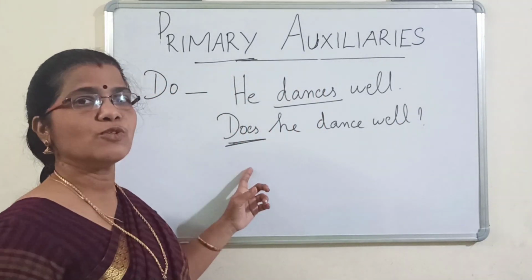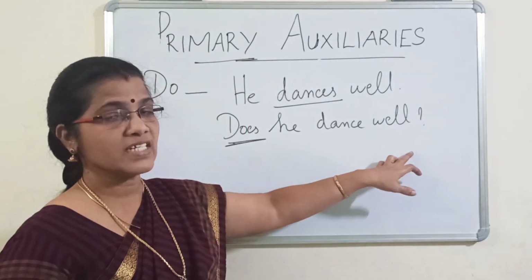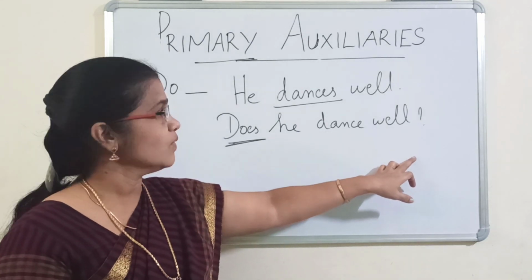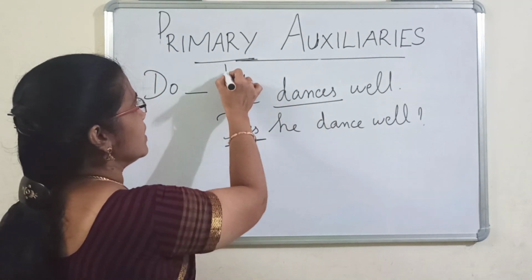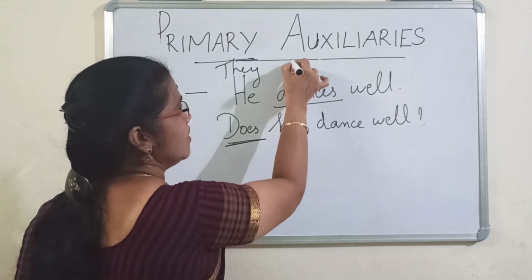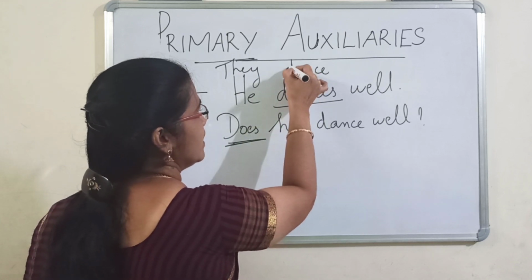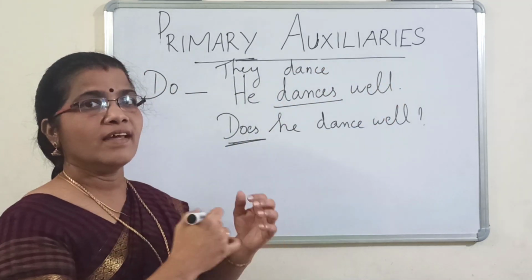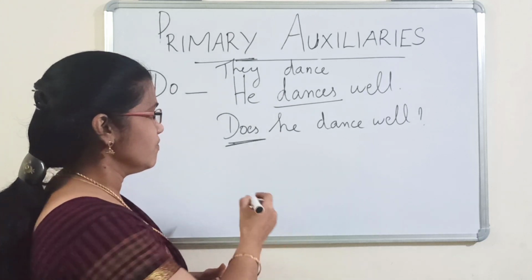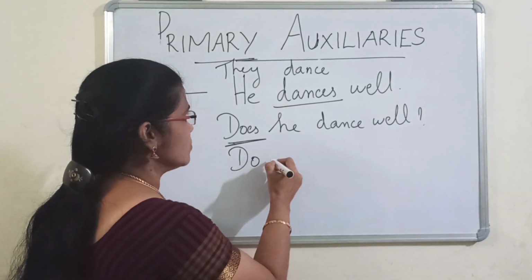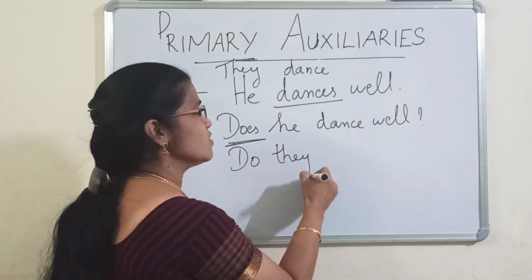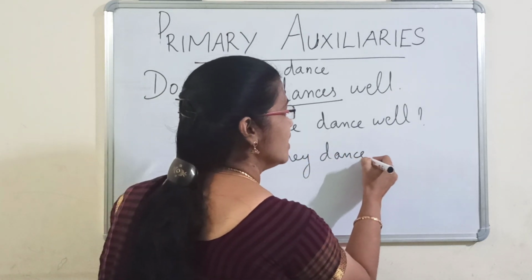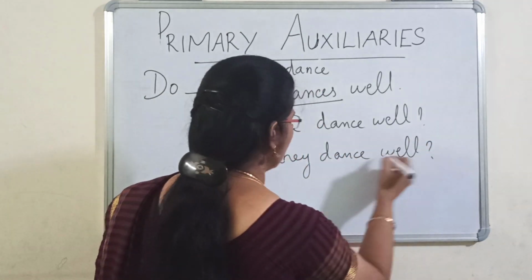So I have made use of does here to make the sentence an interrogative sentence. Instead of he, if I get they here, my sentence will be: they dance well. Then how do I make it an interrogative sentence? Then I'll use do. Do they dance well?